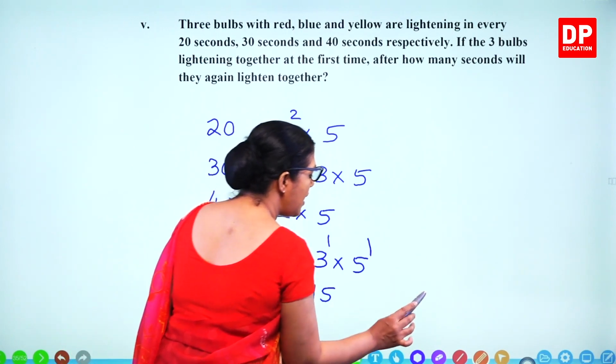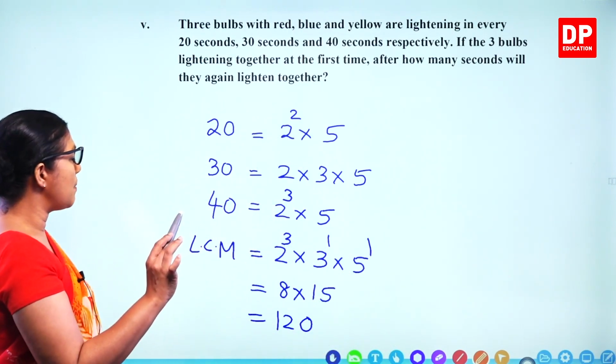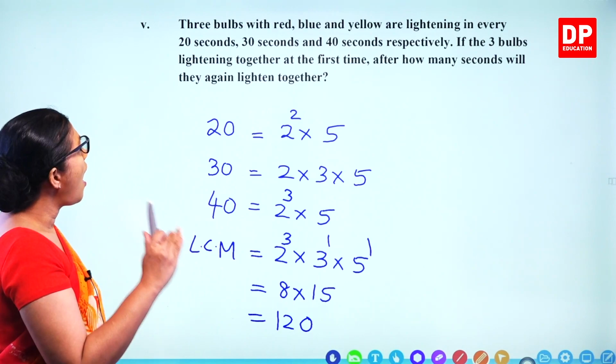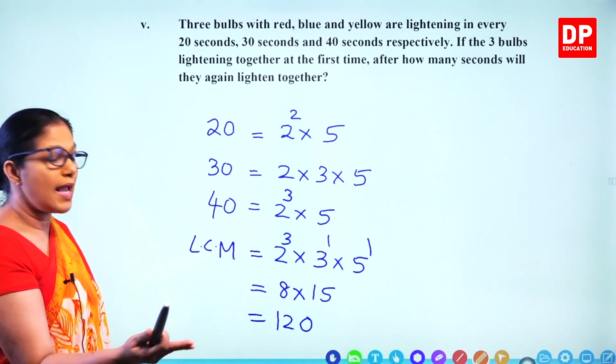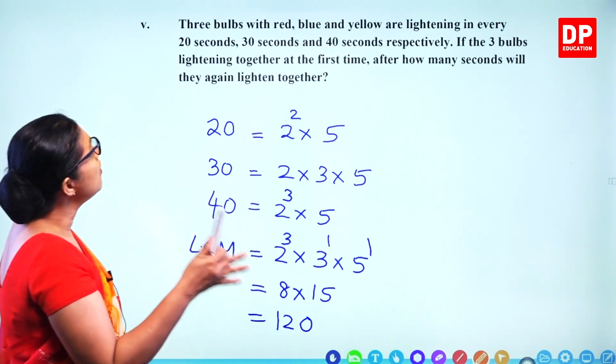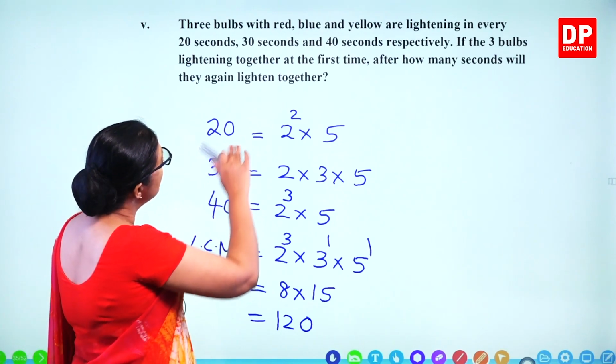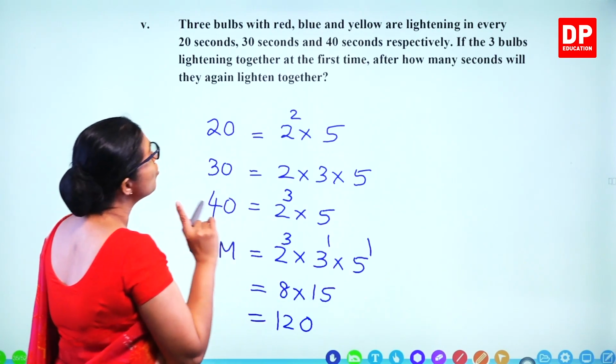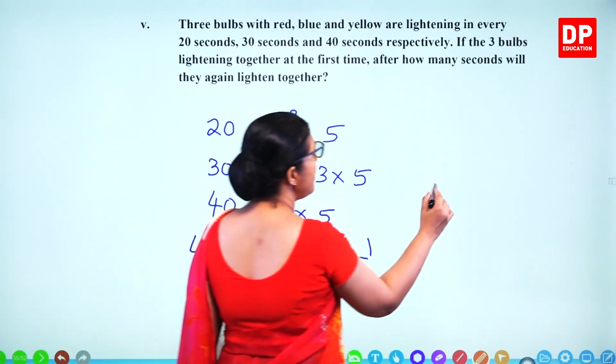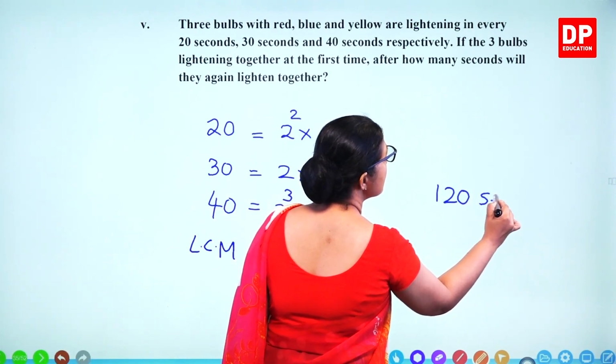So 120 is the lowest common multiple. So after 120 seconds, all bulbs will lighten together. So 120 seconds.